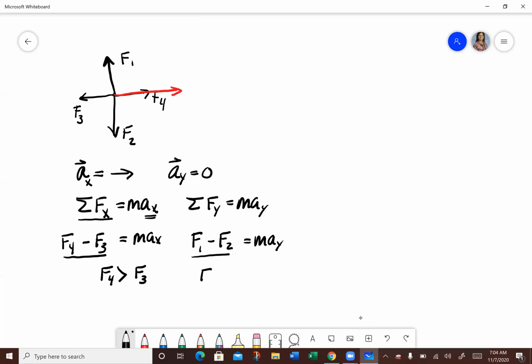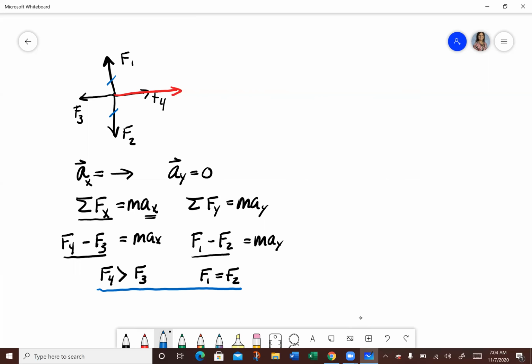So in this case, we would say F1 equals F2. If that's the case, then a_y would be 0, because these two would cancel out. They're balanced. Remember when we did all that way at the beginning. So for that answer, that would be your best choice: F4 greater than F3, F1 equal to F2 for the case where you have acceleration to the right and there is no y acceleration.